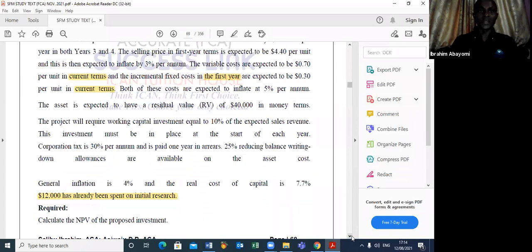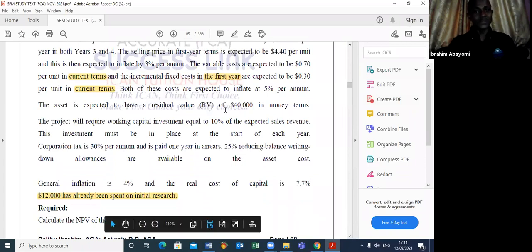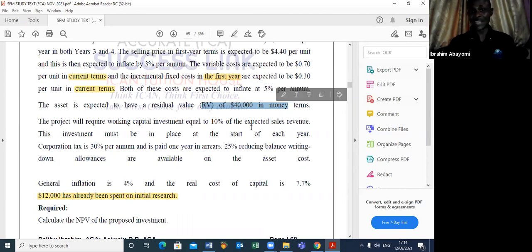Now, look at the residual value. The question did not tell you after tax, Abby. Don't forget the principle I explained yesterday. The company did not say the residual value is after tax. So if it is not stated after tax, you have to compute your balancing adjustment. But if it is stated after tax, you don't need to compute balancing adjustment.